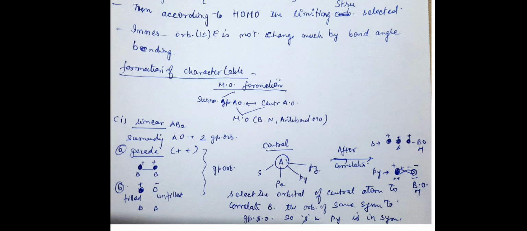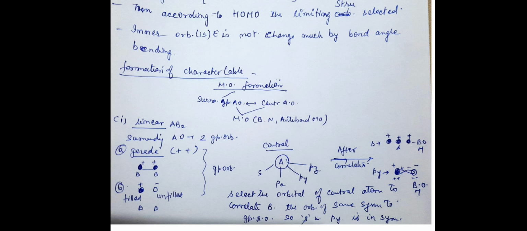If we take the principal axis Py, then what is the correlation after this? Py, one side is dark, one side is light circle, and Py is situated in that position so that the plus lobe of P overlaps the plus lobe of S orbital.